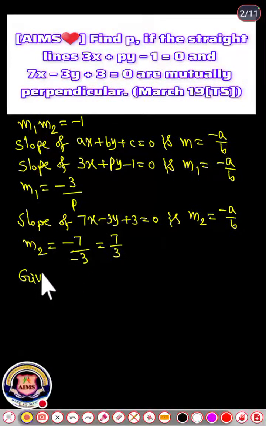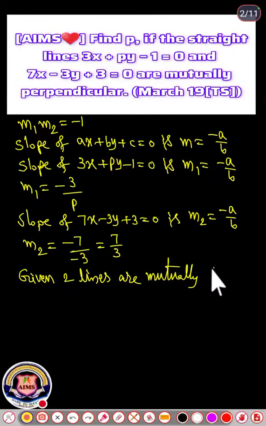According to the given problem, the two straight lines are mutually perpendicular. Mutually perpendicular means m1 m2 = -1.